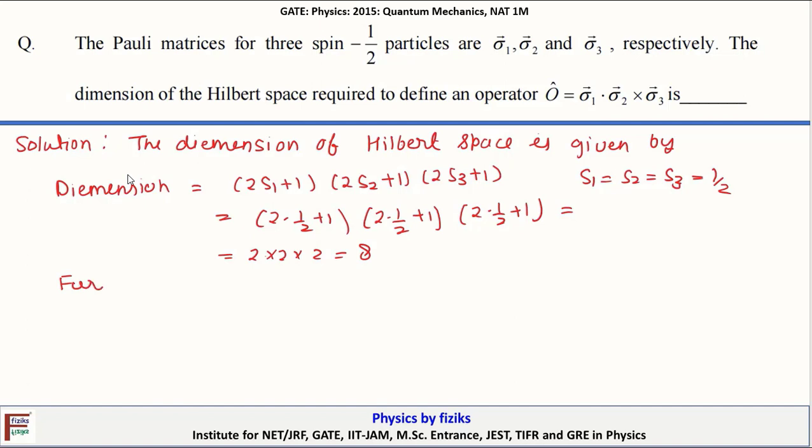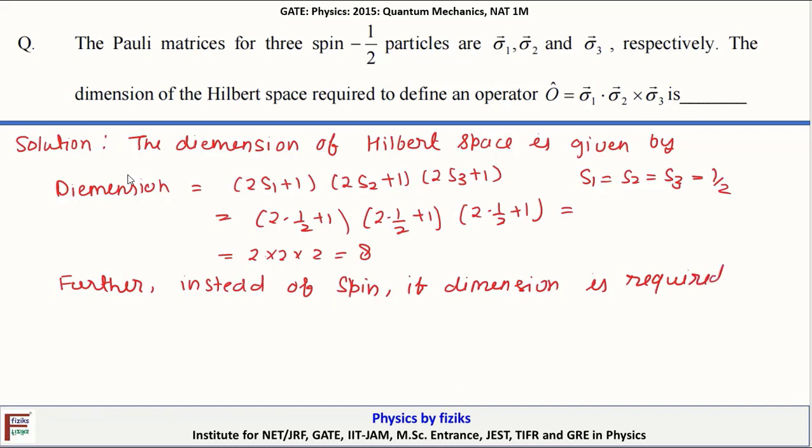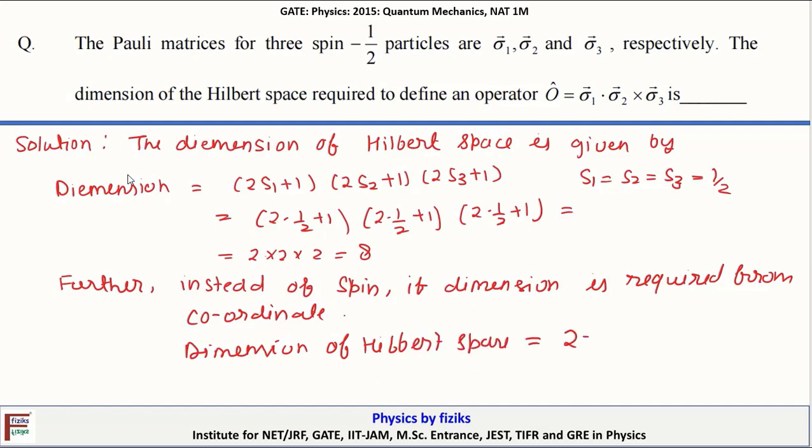Further, instead of a spin, if the dimension is required from coordinates, then the relation for the dimension of Hilbert space will be (2l plus 1) for the x or p coordinate.